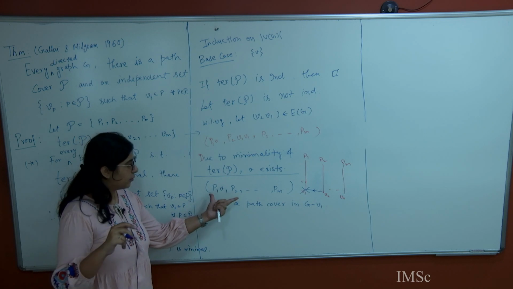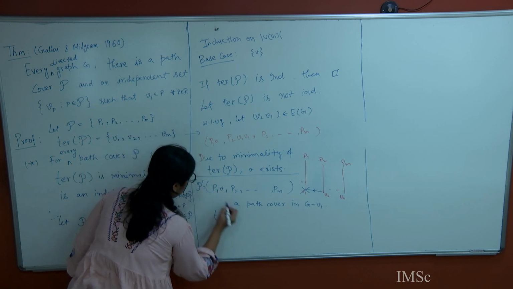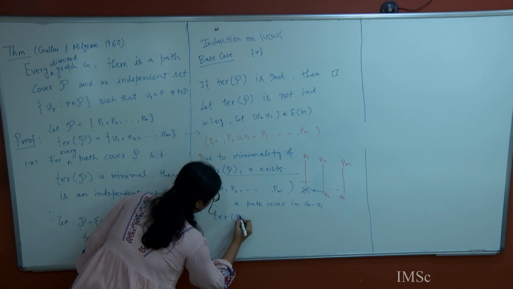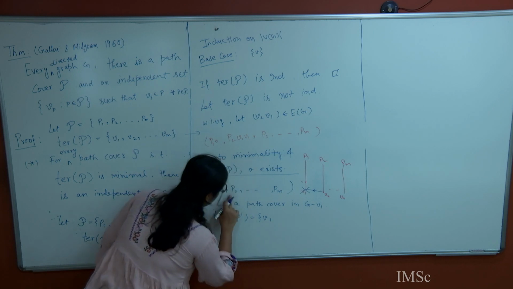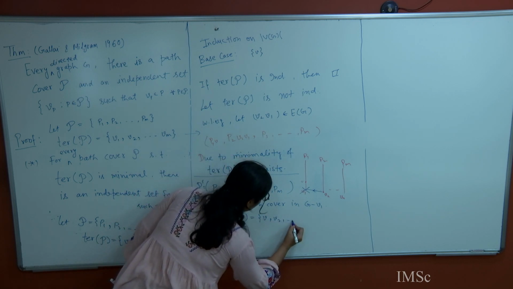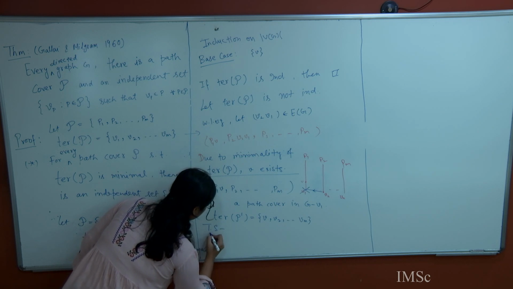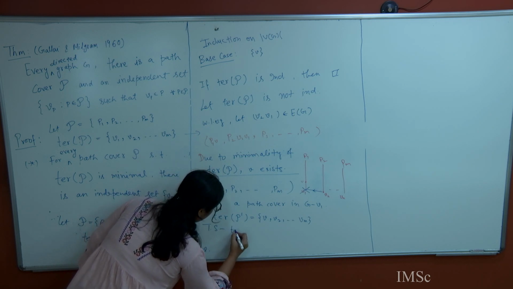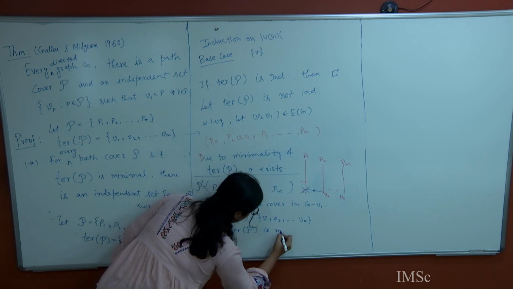Yes, exactly. So the thing is that if this is P prime, then ter of P prime is, now my terminal set is V, V2, Vm. So the only thing I have to show is that ter P prime is minimal.